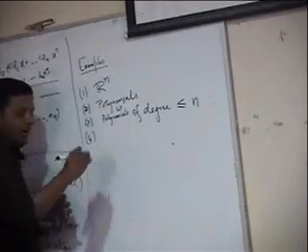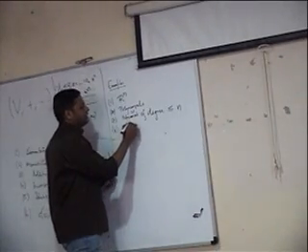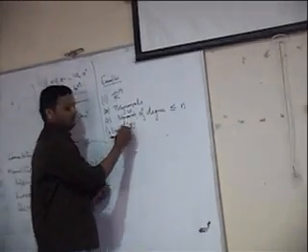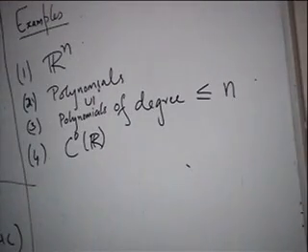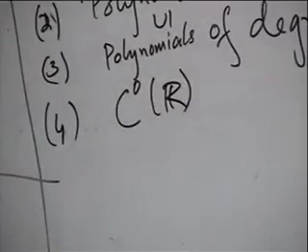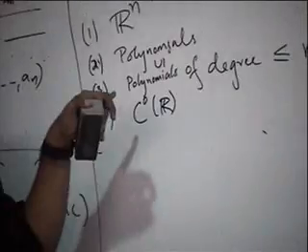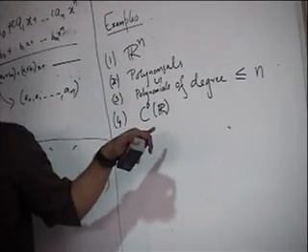Now, a more general example is you can look at continuous functions on, say, R. Okay, continuous functions on R can be added. They can be scaled. Again, it's easy to check. So it's from R to R. Okay, real valued functions, continuous real valued functions on real numbers.